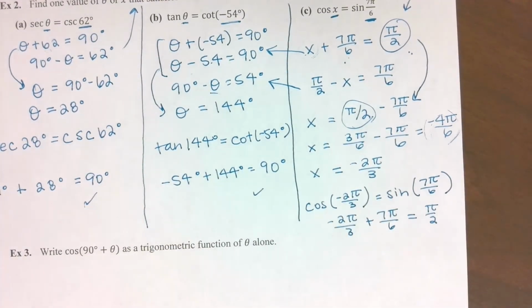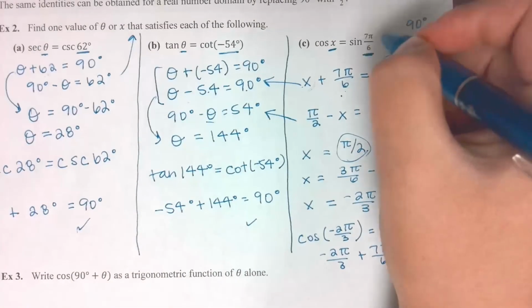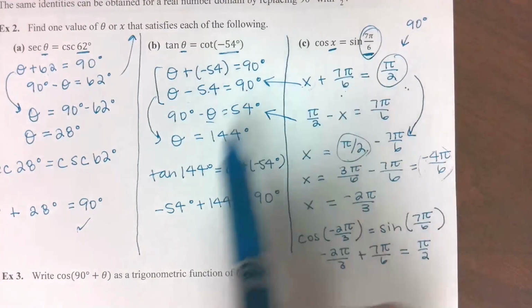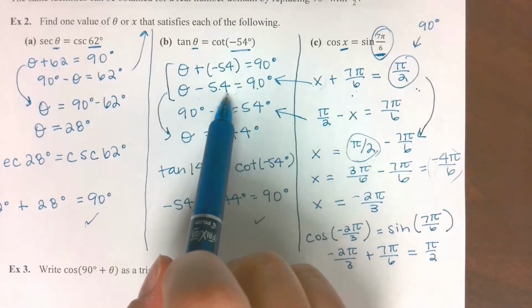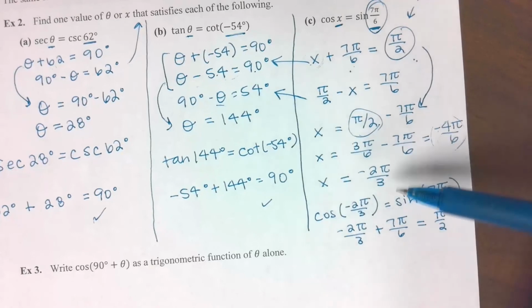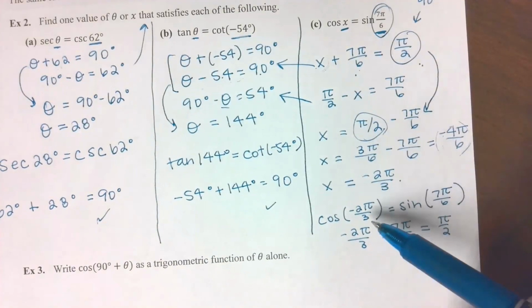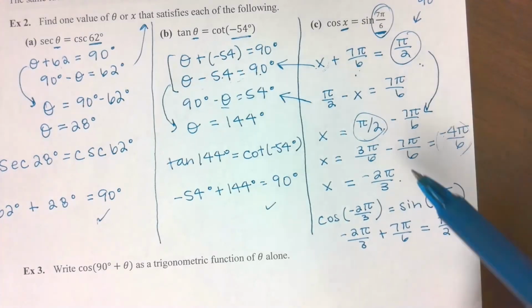You could have also turned 7 pi over 6 into degrees first, and then done x plus the degrees equals 90 degrees. But make sure that when you give your answer, you change it back into radians if radians is what you were given to work with.